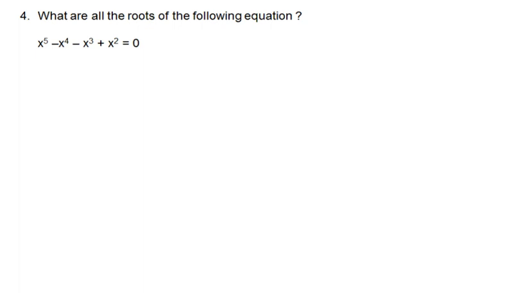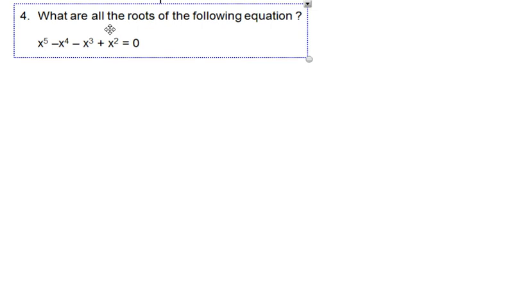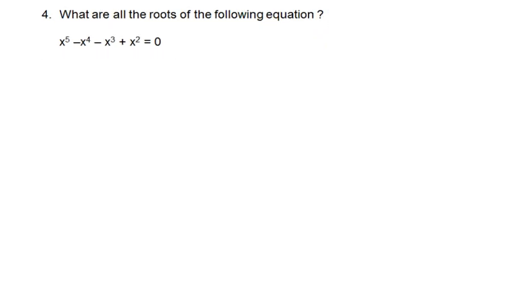Next, what are all the roots of the following equation? And here you have this equation right here. Again, we have a common factor here, which is x squared. So if we take x squared out of this, we get x squared times what equals x to the 5th power, would be x cubed.